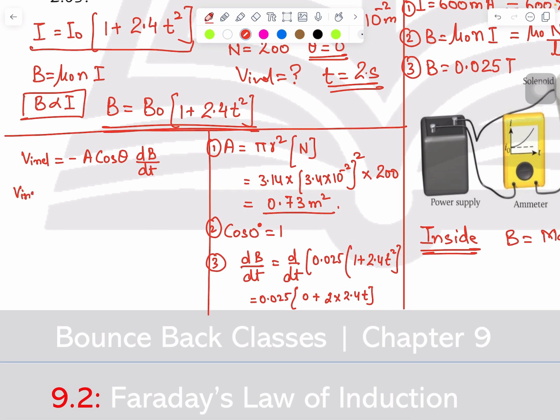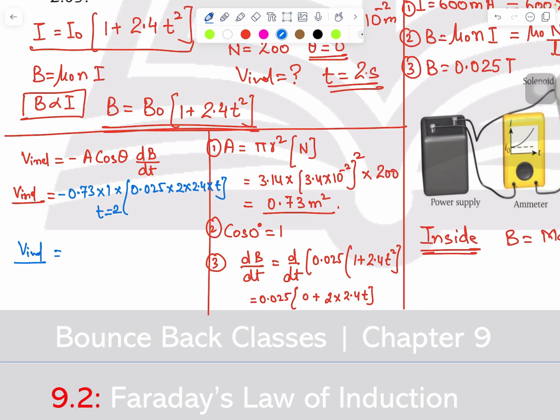So we will get an equation. V induced, I'll change the color. Negative A is negative 0.73 multiply 1 multiply bracket 0.025 multiply 2 multiply 2.4 multiply t. Place the value t equals 2. So you will get V induced is equal to.